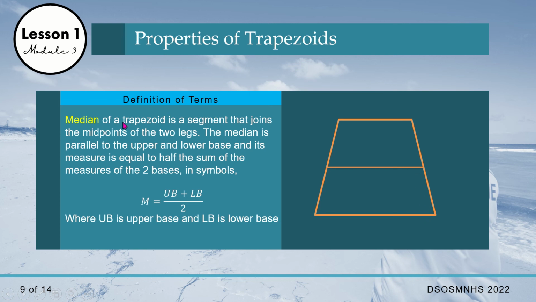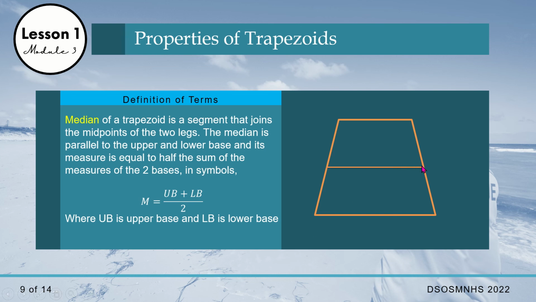Nya asa ang median ana, sir? Segment. So, naay katulong nga parallel line. Horizontal line. At the same time, that segment is parallel to the upper base and the lower base. Nya kanang sa tunga nagpasabot nga median of a trapezoid is a segment that joins the midpoints of the two legs. So, ang kaning midpoint, tunga siya nga point from the left leg.